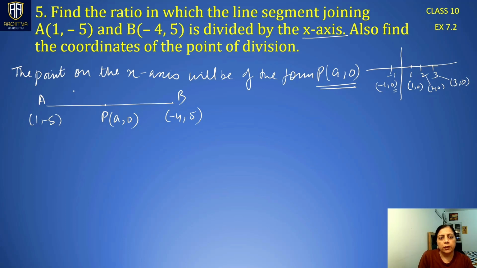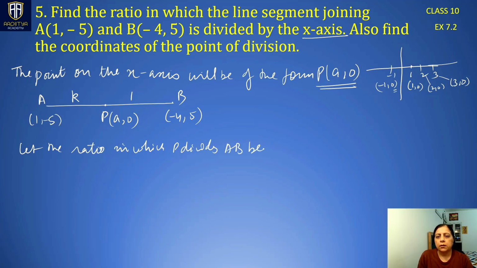Ratio means we have to calculate ratio, so I am assuming it to be k is to 1. Let the ratio in which P divides AB be k is to 1.